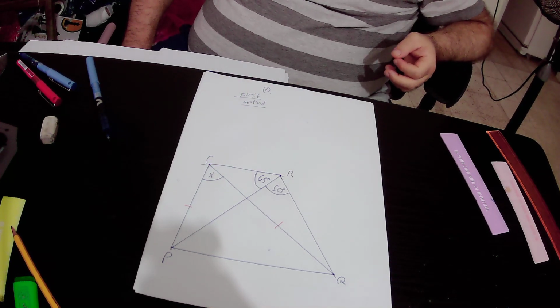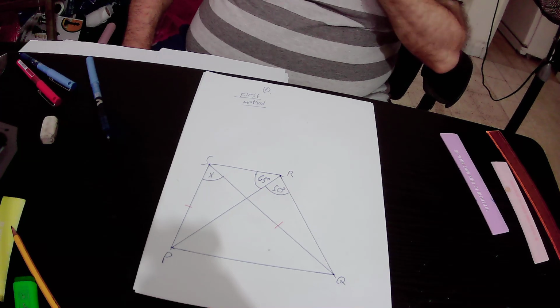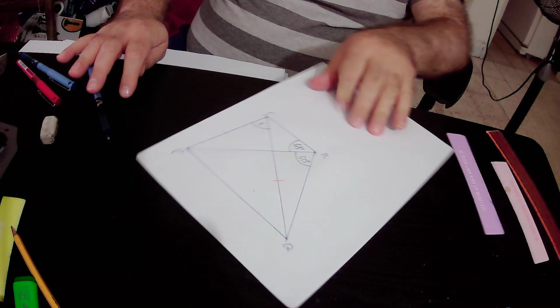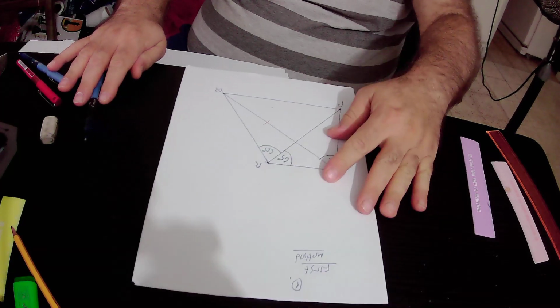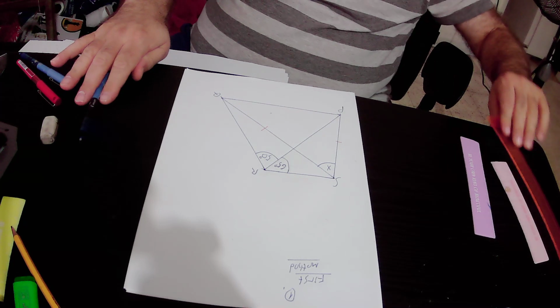So we'll start with the first method, and we will actually extend side QR.